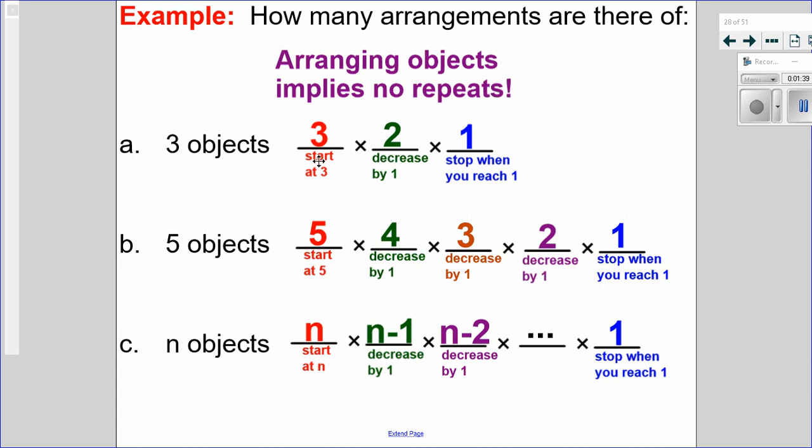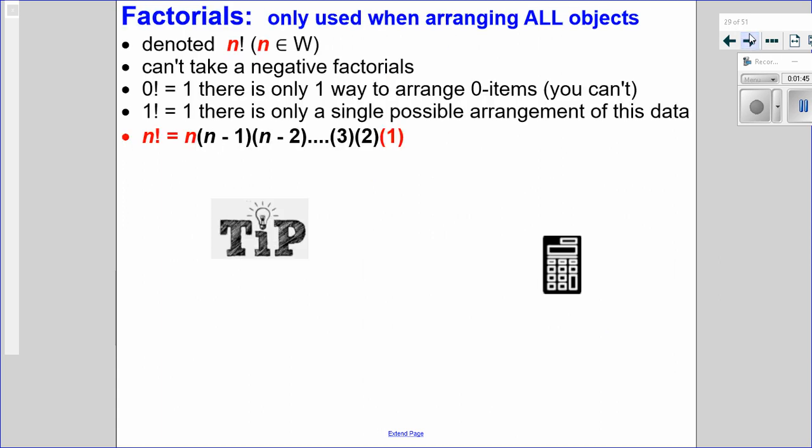This idea of starting at a number and decreasing by 1 each time and stopping when you reach 1 is called a factorial. Factorial is used when we're arranging all of our objects, and it's n exclamation point, read n factorial. Now, n has to be a whole number because you can't take a negative factorial.